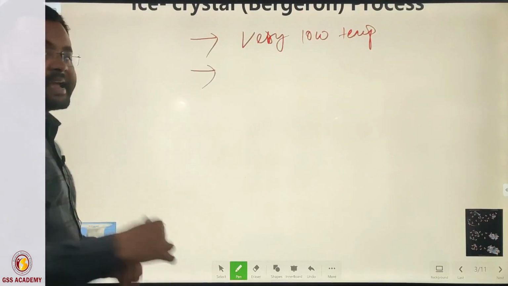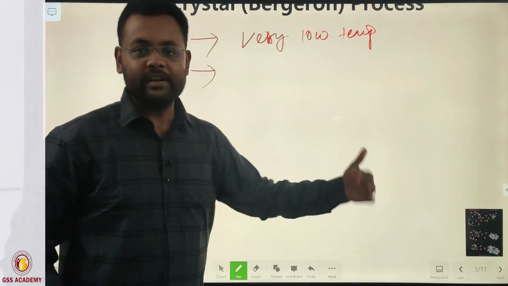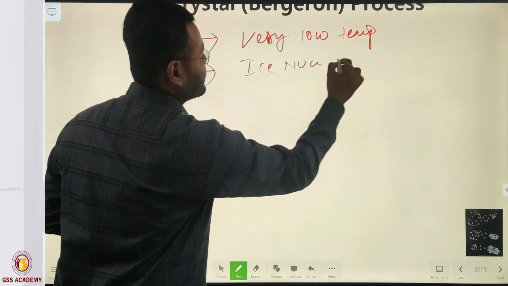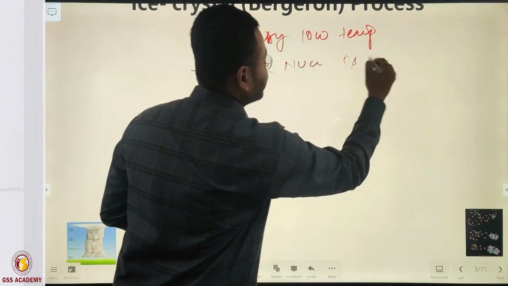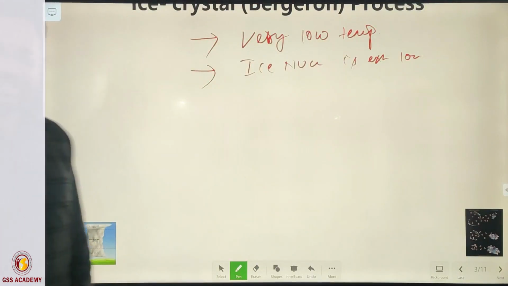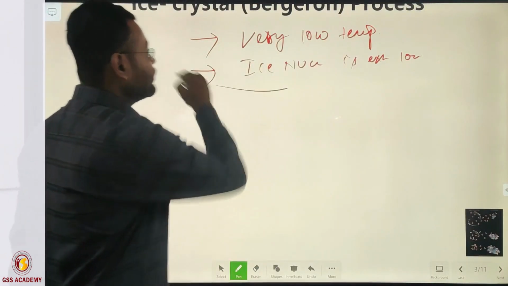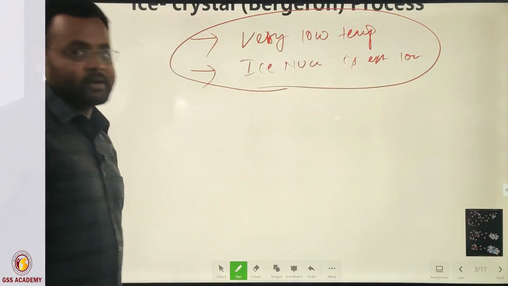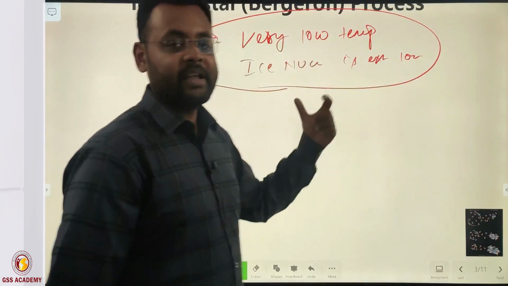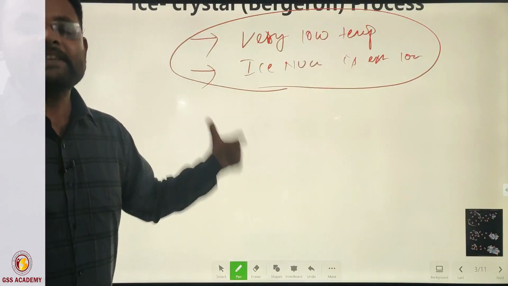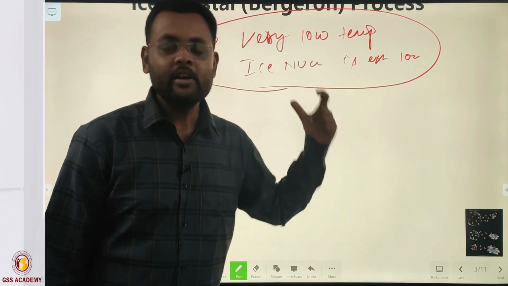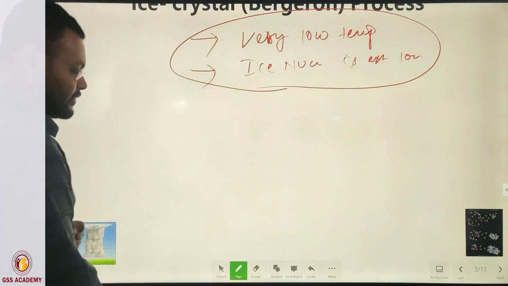Second, it can convert into the solid form, but the number of ice nuclei is extremely low in the cloud. Due to these two reasons, the cold cloud, although having a temperature less than the freezing point of water, mostly contains supercooled liquid, the liquid form of water, not the solid form.